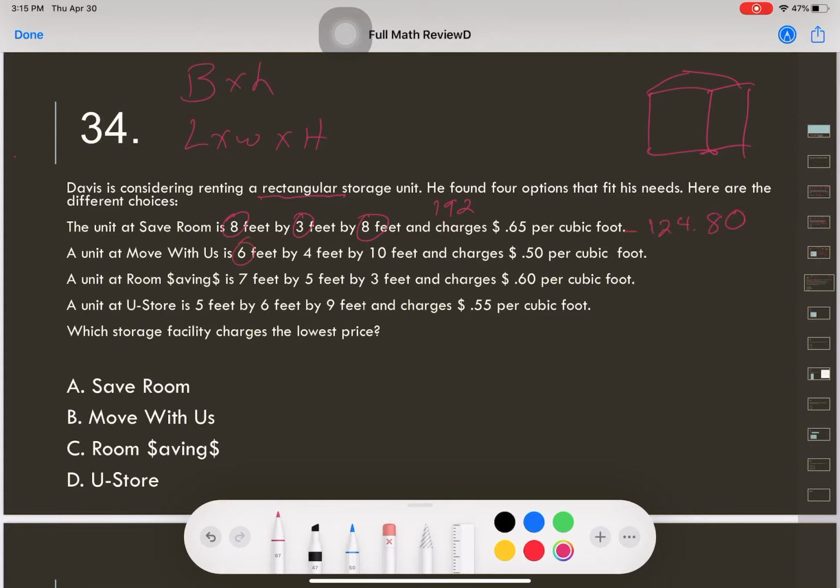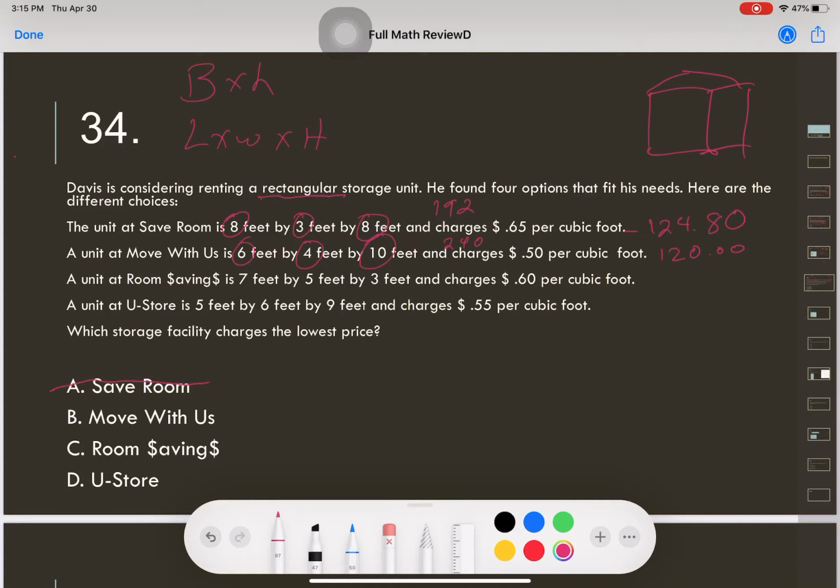The next one will be 6 times 4 times 10, which is 240, times 0.50. That one is just 120. So you can go ahead and rule out Save Room because that one is more expensive than Move With Us.